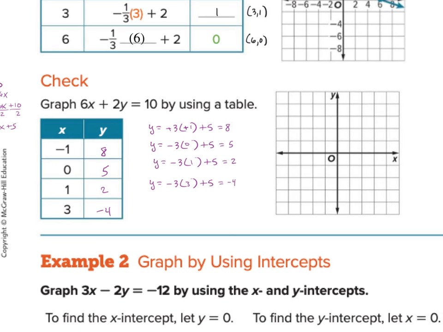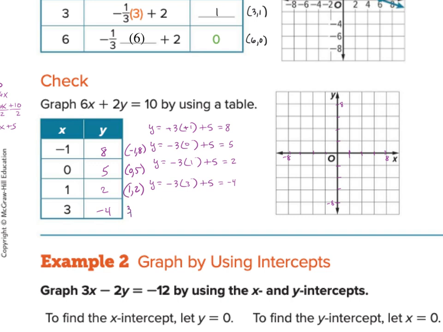When I graph these, the best thing to do is I'm going to count by 2s: 2, 4, 6, 8, negative 8, and positive 8. So now I can go ahead and do my ordered pairs, which should be negative 1, 8. This should be 0, 5. This should be 1, 2.